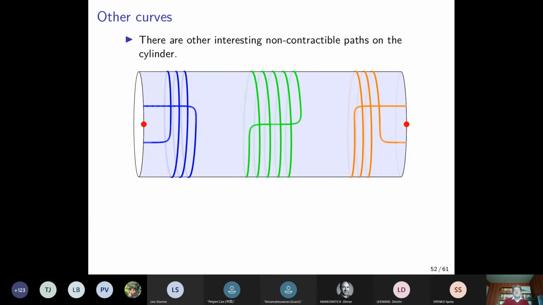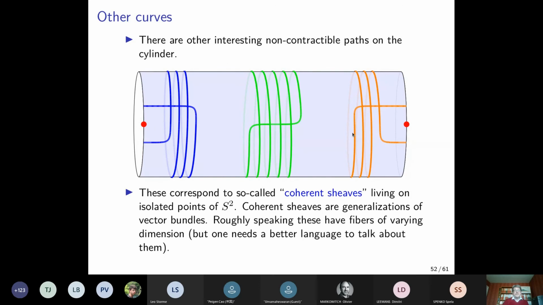There are other interesting non-contractible paths on the cylinder, and I've drawn them in 3 colors. These correspond to so-called coherent sheaves. So coherent sheaves are generalizations of vector bundles.